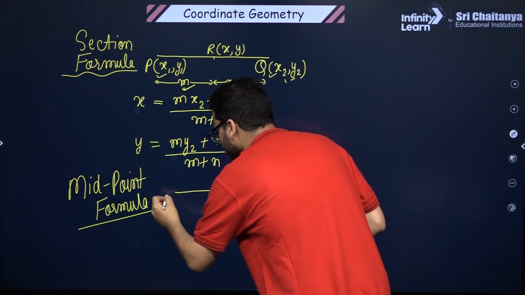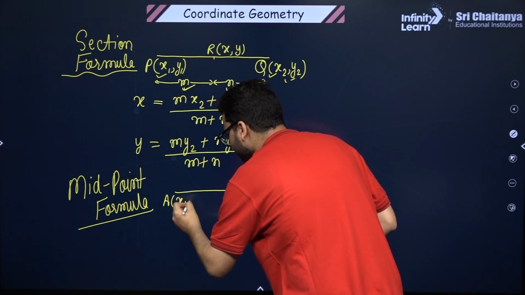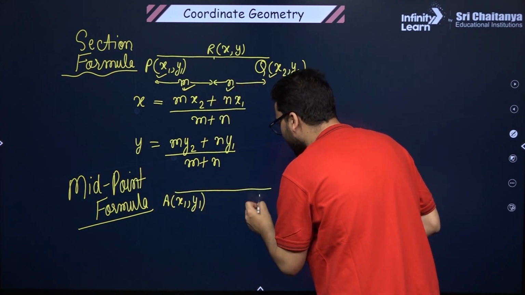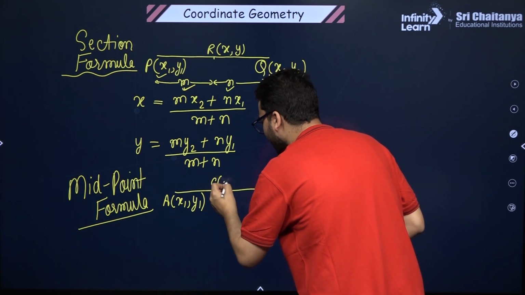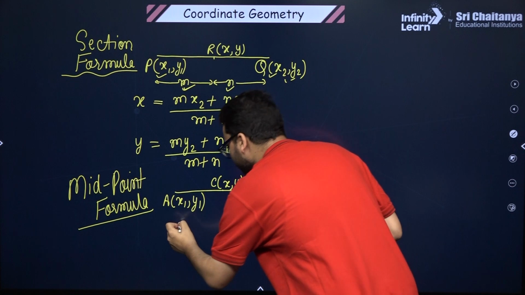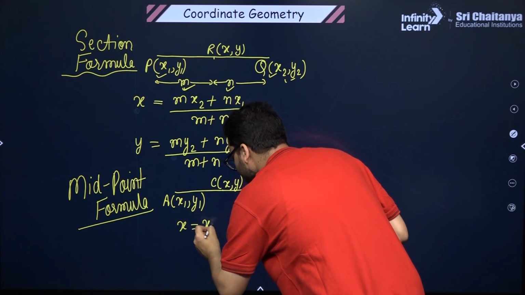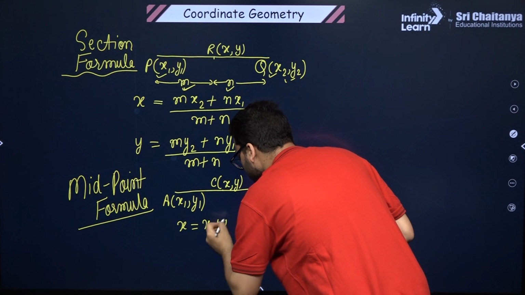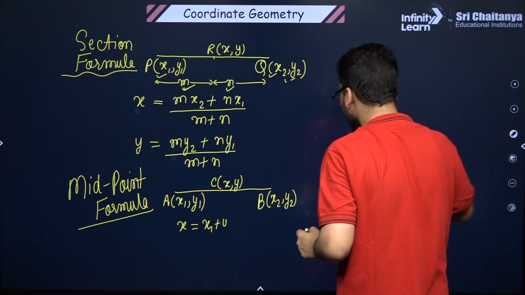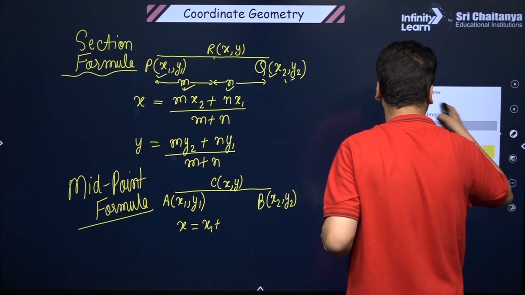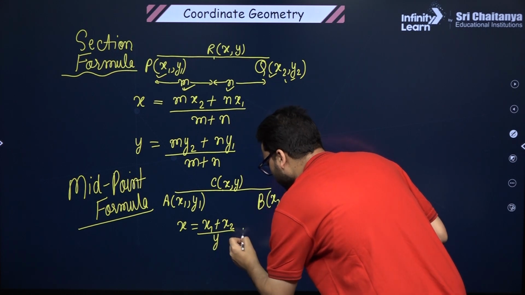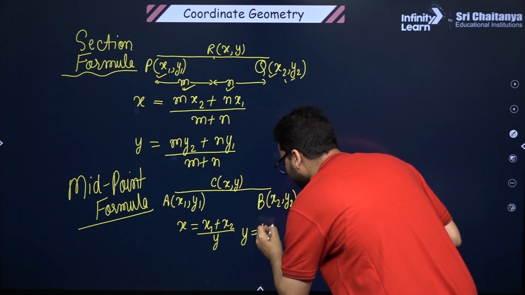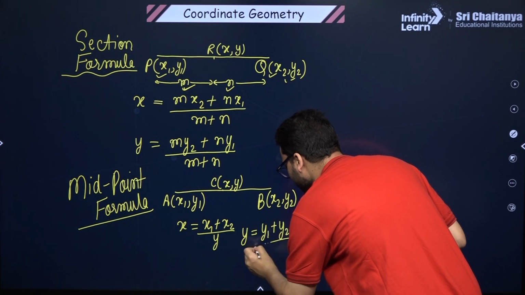Suppose you have got the coordinates of the end points of a line segment as A x1 y1 and B x2 y2, and you have to find the coordinates of the midpoint. Suppose it is C x comma y. So x over here will be x1 plus x2 by 2 and y will be equal to what, guys? Y is equal to y1 plus y2 by 2. So this is the midpoint formula.